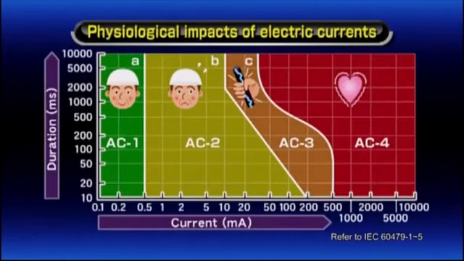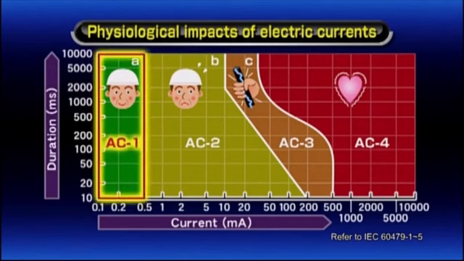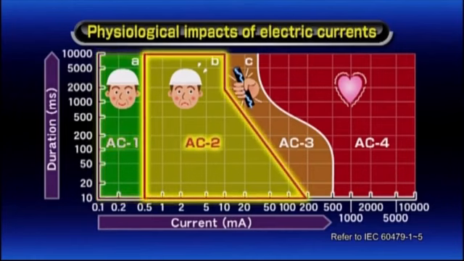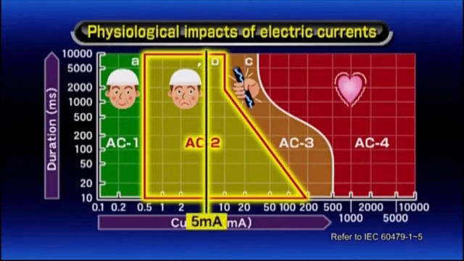This graph indicates the incremental physiological impacts on the human body of different electric currents. At level AC1, no impact is felt. At level AC2, there is no harmful impact. 5 milliamps is encountered at this level and causes no recognizable impact.